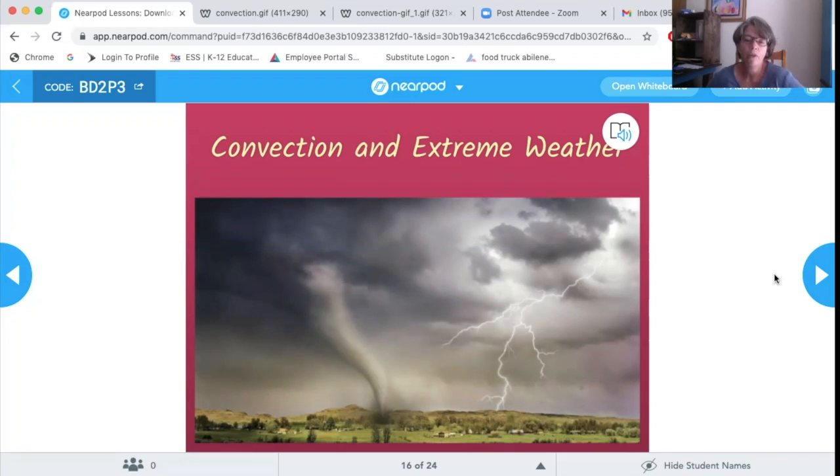So tornadoes and hurricanes and thunderstorms are caused from that warm airflow meeting with the colder air masses. And so we can get different types of weather systems and pressure changes because of that convection current.